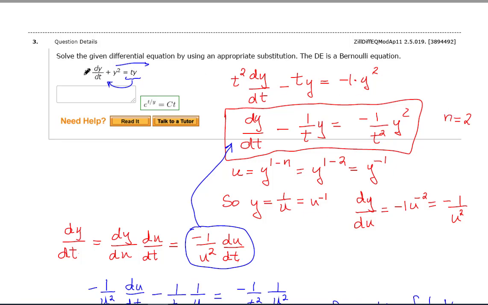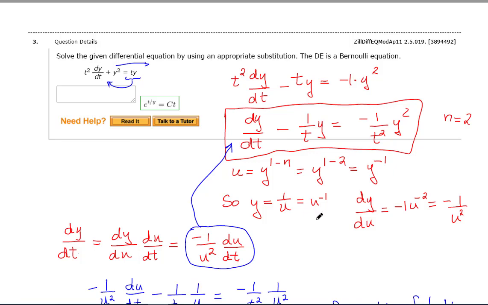I divide through by t squared, and so that gives us our format. So my substitution is u equals y to the 1 minus n, so 1 minus 2, or u is y to the minus 1, or y is 1 over u, which is u to the minus 1.